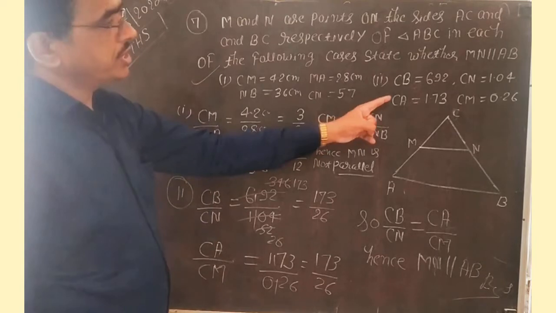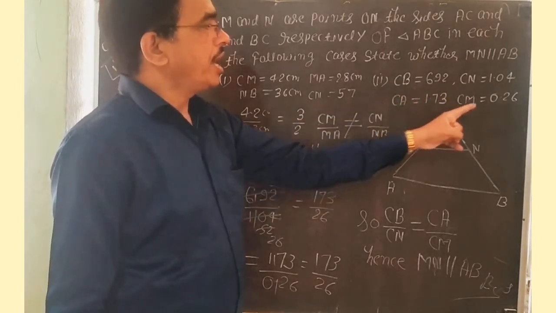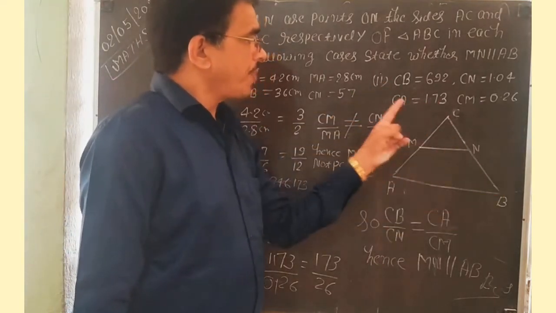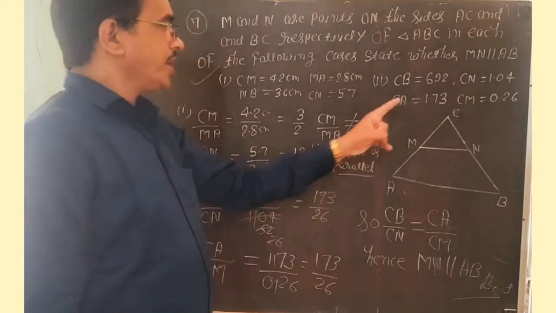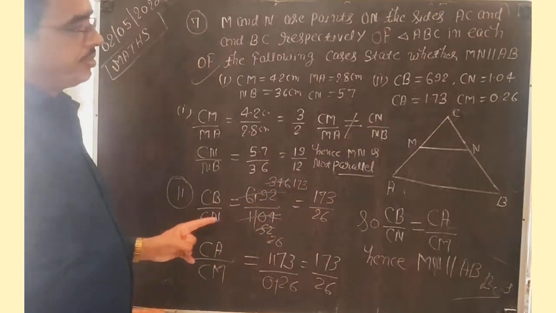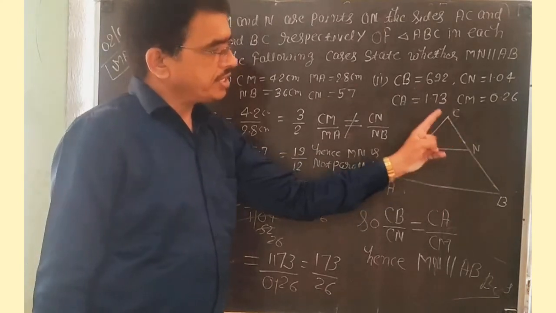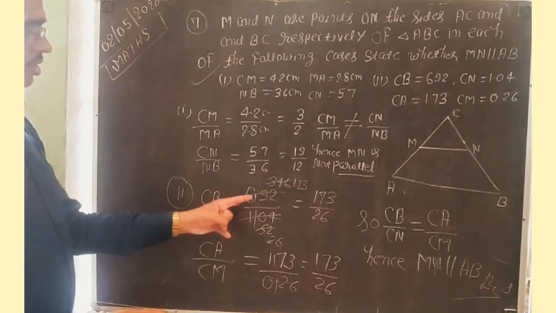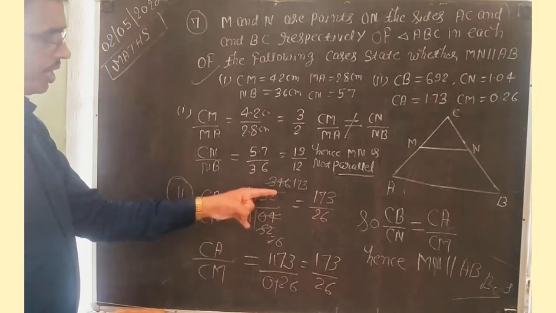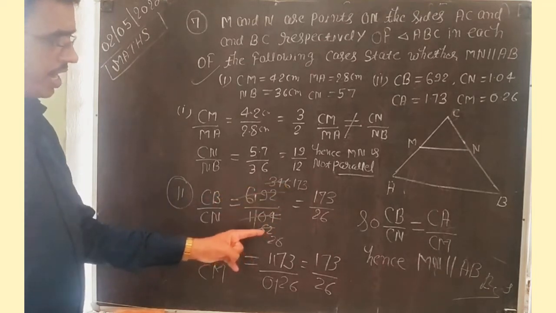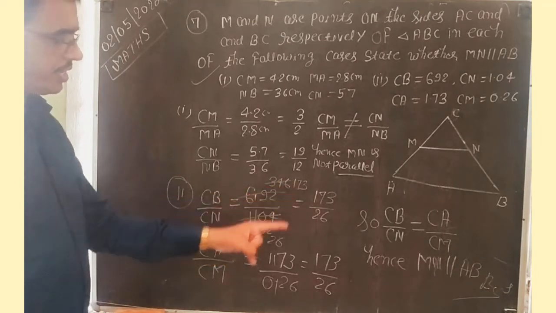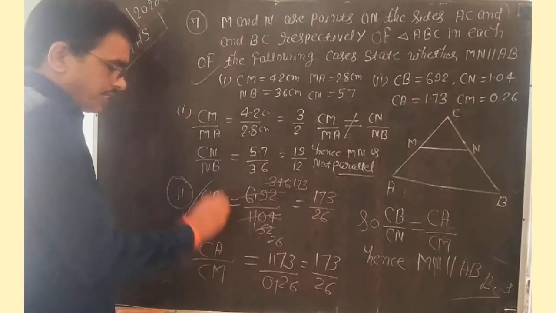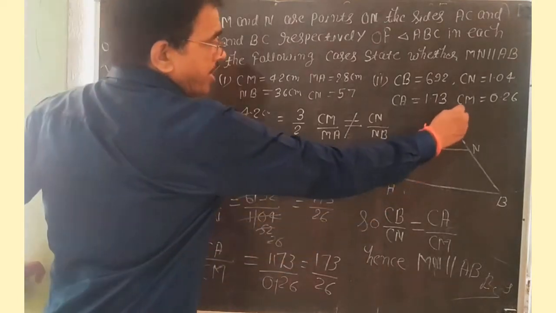Similarly, next question, CB, CN, CA and CM. Find out CB, that is the large part, and CA, that is the large part. So we take the ratio CB by CN, the large part and one part of the upper part. So we write CB by CN is equal to 6.92 by 1.04. Cancel 2 times, then 346 and 52, again 2 times, then 173 and 26. I write 173 by 26 as the value of CB by CN. The other is CA by CM.